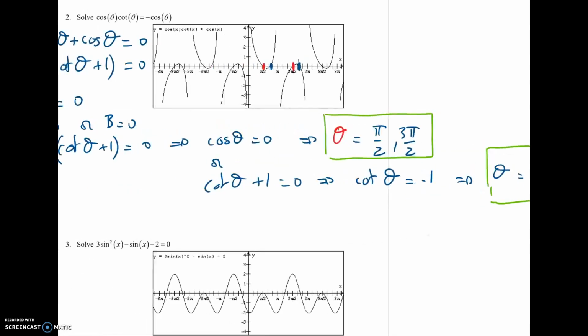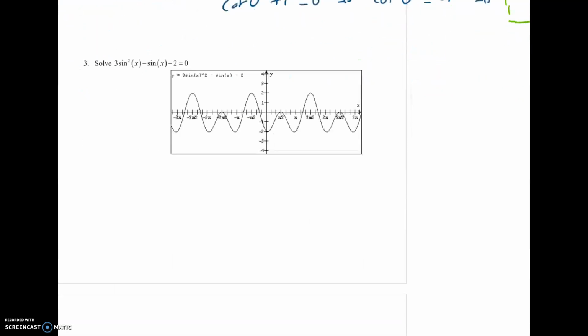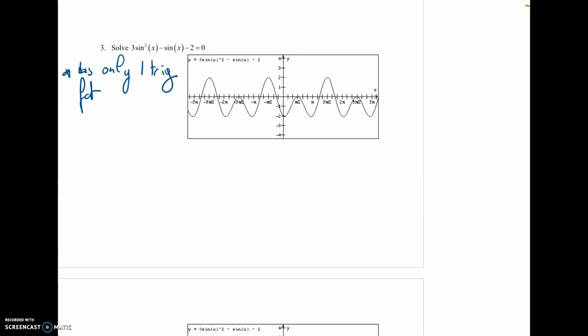All right, let's go on to practice number 3. In this practice number 3, again, we have only one trig function, and we are going to use algebra to solve this equation.